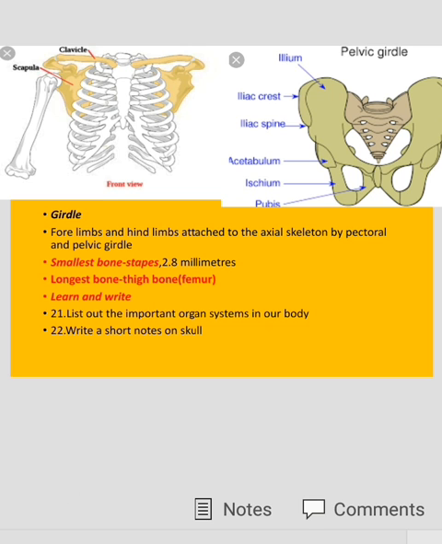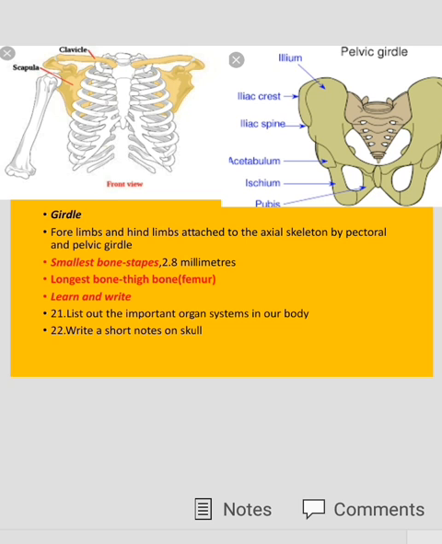So there are two types of girdles: pelvic and pectoral. The pelvic girdle is in the hip region and connects to the legs. The pectoral girdle is in our shoulder region and joins the hands to the shoulder.